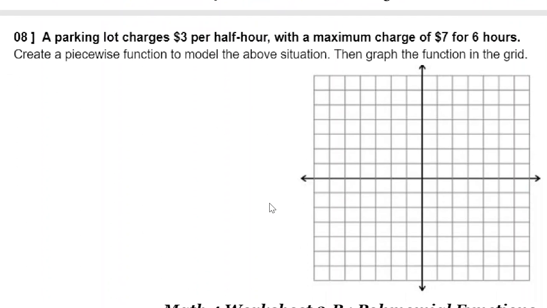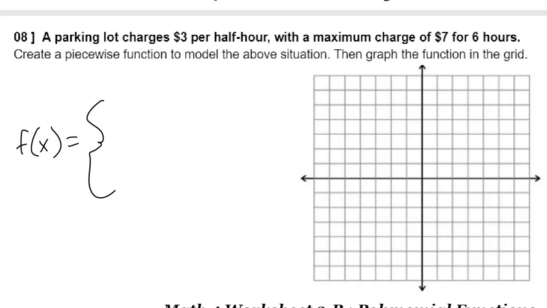Parking lot charges $3 per half hour with a maximum charge of $7 for 6 hours. Okay. Sounds like there's really only 2 levels of this. There's everything up to 6 hours, and then there's everything over 6 hours.